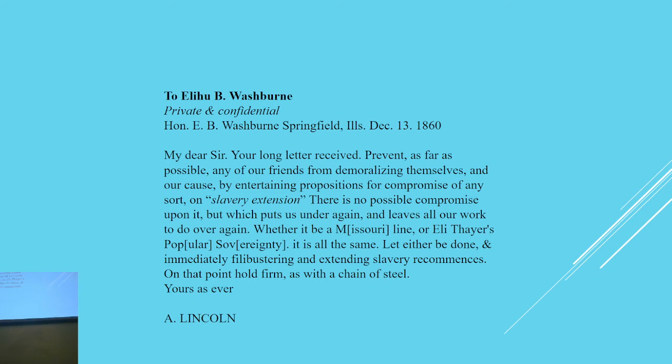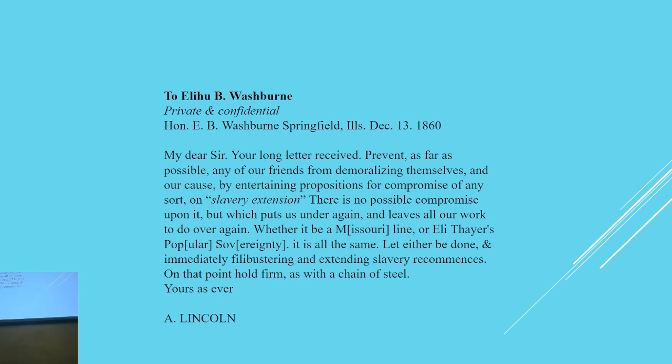In other words, a constitutional amendment that defends slavery in Virginia and South Carolina and Mississippi and Louisiana, that's fine. But no slavery extension. No slavery west. No slavery in Kansas. There is no possible compromise upon it, which puts us under again, right? Under who? Under the slave power. And leaves all our work to do over again, to build a coalition.